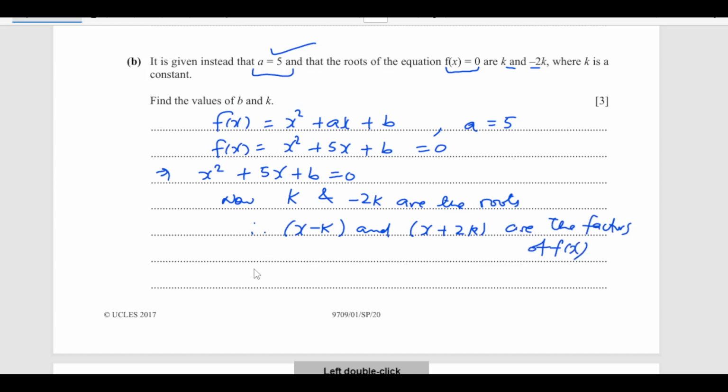So, we can write that x squared plus 5x plus b will be equal to (x minus k) times (x plus 2k), right.